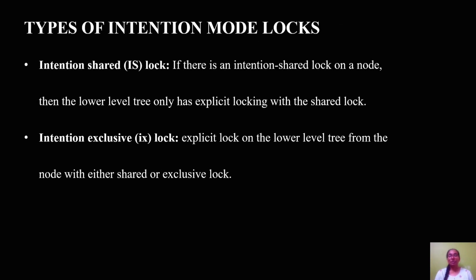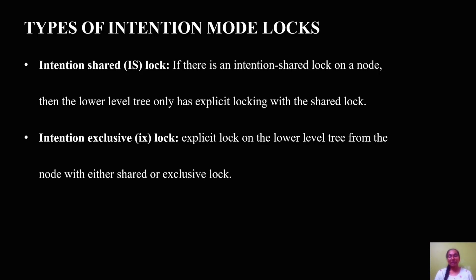And the different types of intention mode locks are intention shared lock, intention exclusive lock, and the last one is shared and intention exclusive lock. Intention shared lock: if there is an intention shared lock on a node, then the lower level tree only has explicit locking with the shared lock.